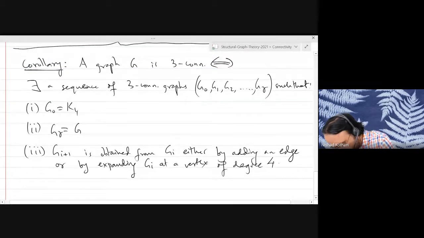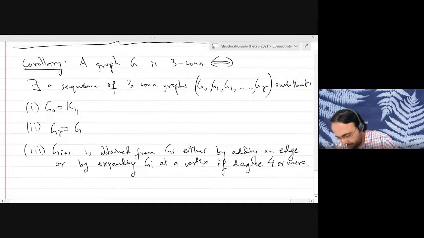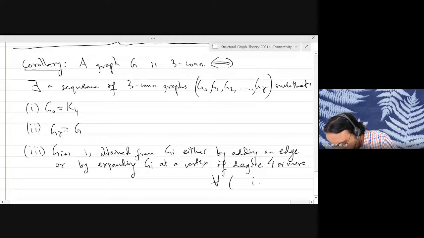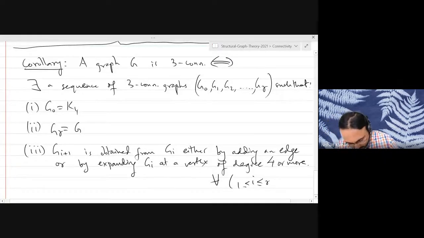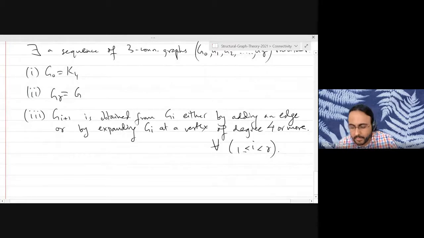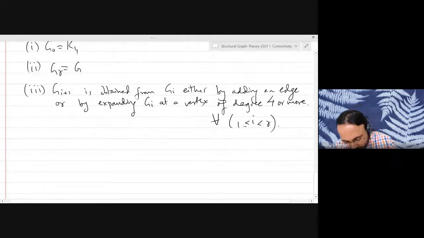Degree 4 or more. Right? This is true for all i between 1 and r, sorry, less than r. Okay, and I want you to think of this in 2 ways.